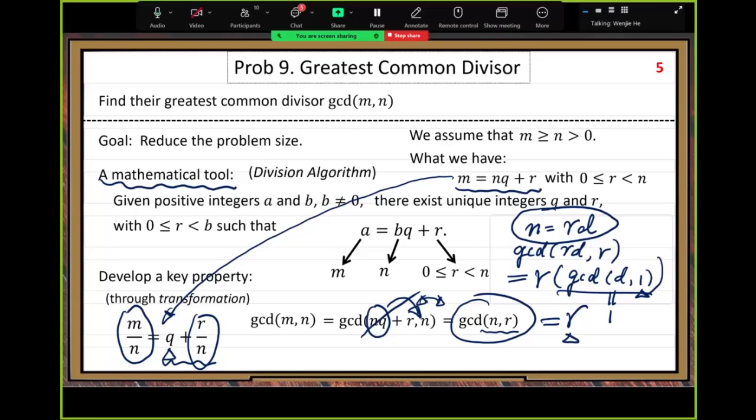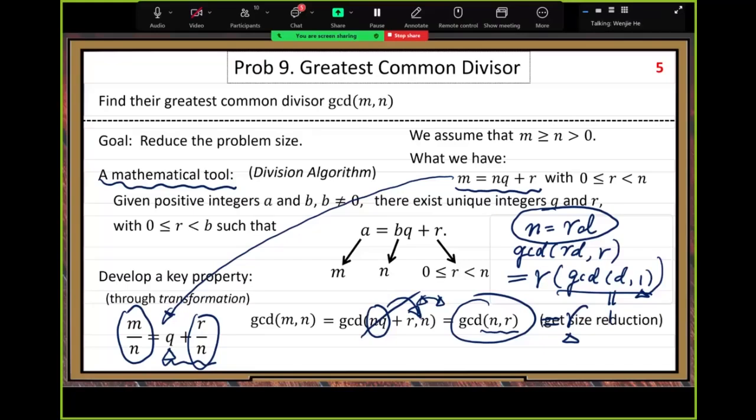In the second algorithm, you can see you only need to apply integer division. You do not do prime factorization. You do integer division. Okay? So you can see the difference between these two methods.